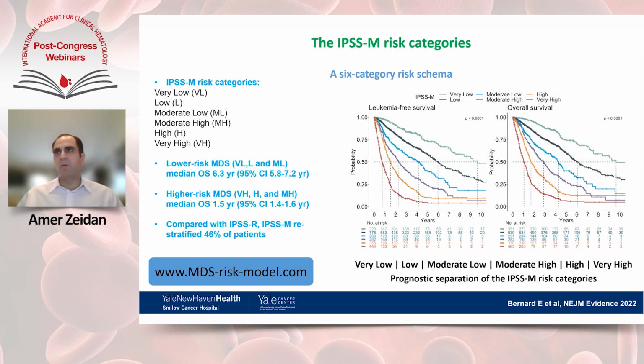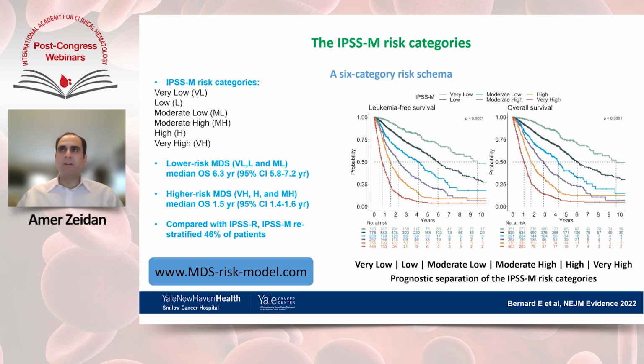So there's actually an online calculator. You can see it on the left lower hand, mdsriskmodel.com. This is a very useful calculator. I have used it multiple times since the publication of this paper, and it's relatively easy. It takes 2 to 3 minutes to actually calculate the risk score for a particular patient.